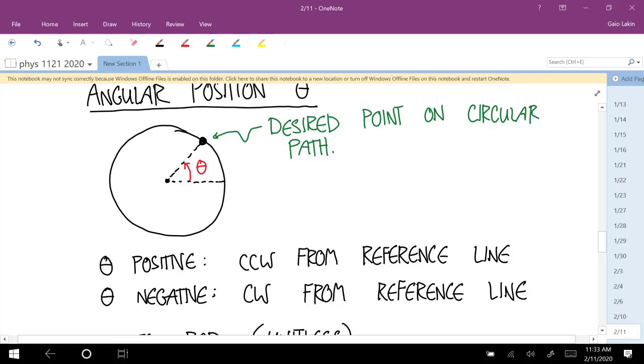Would it be this way or that way? Up and to the left. Okay. Any questions about that? If the angular acceleration is negative, that means at that instant it's clockwise, and that means the tangential acceleration is tangent to the path that way.